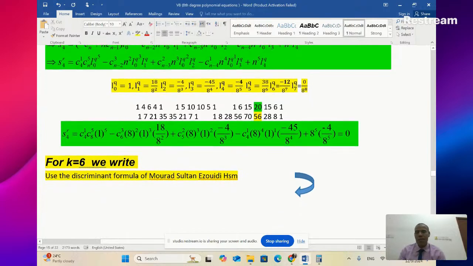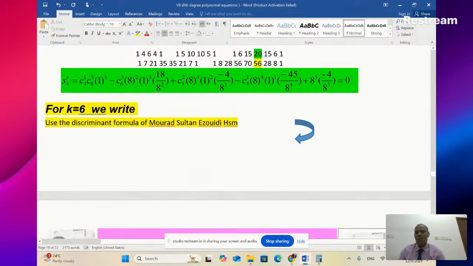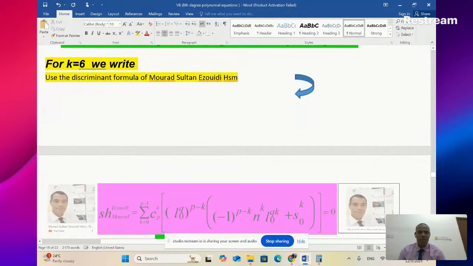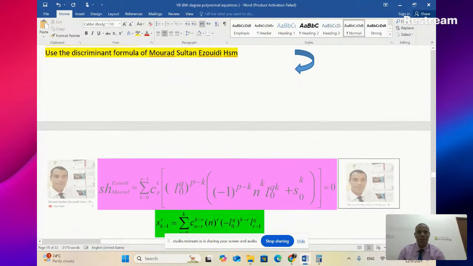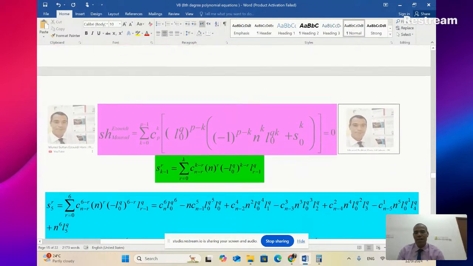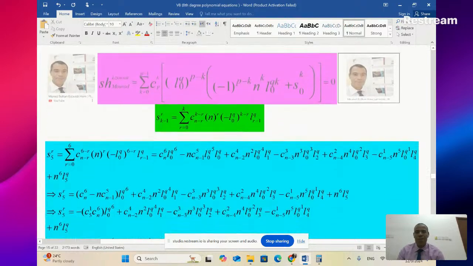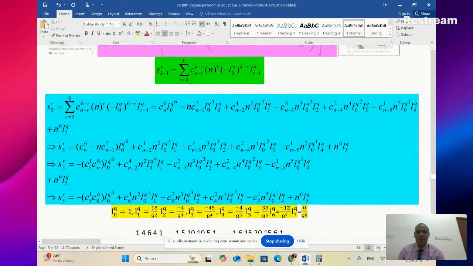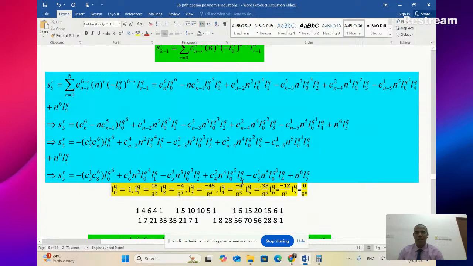Now to find S5, learners, you should let k equal 6 in the decimal formula and try to figure out the value of S5. Okay, after developing this expression, I will just focus on the last one, which is S5 equal negative combination 5 choose 1. Why negative here?